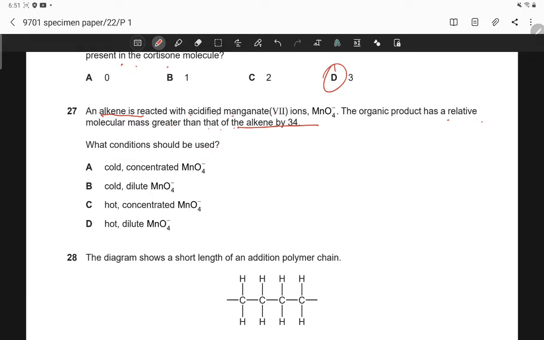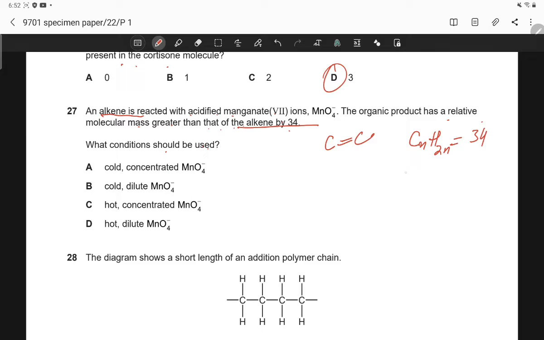Alkene means carbon to carbon double bond, or 34 means CnH2n is equal to 34.